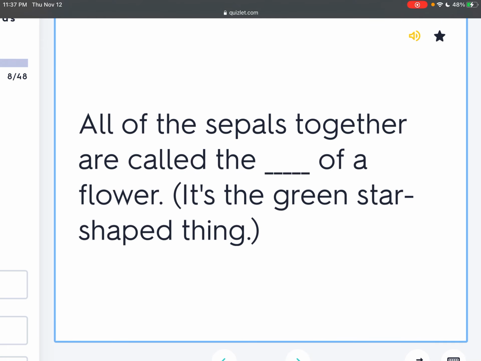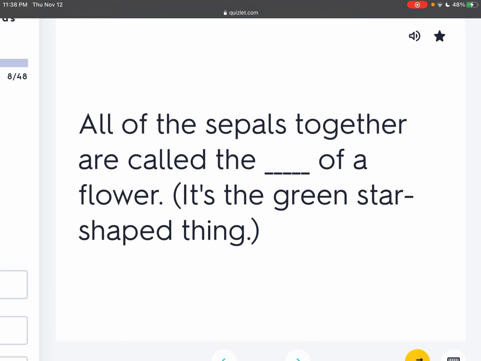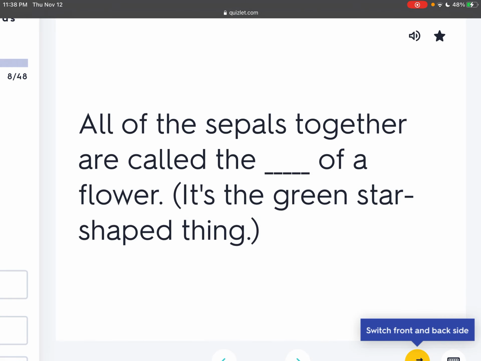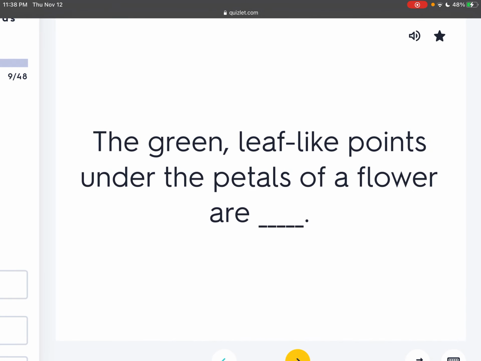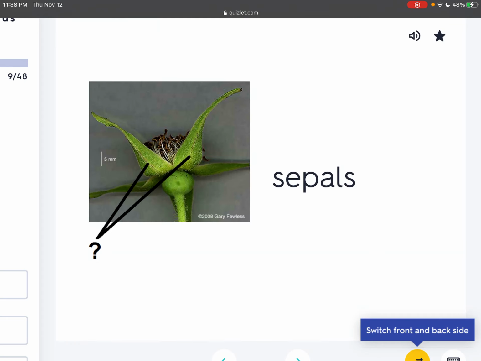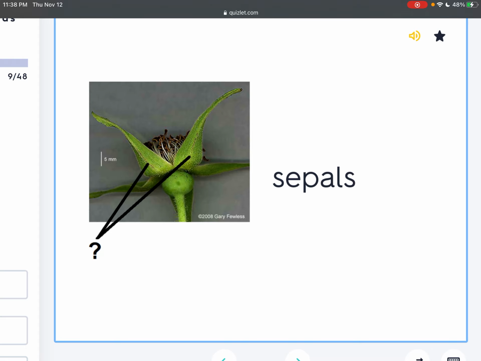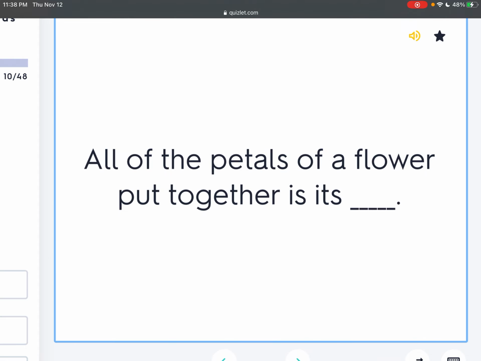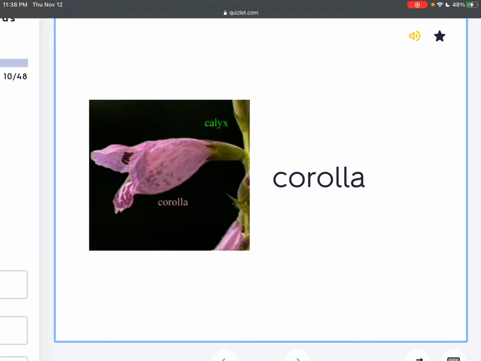All of the sepals together are called the blank of a flower. Calyx. The green, leaf-like points under the petals of a flower are blank. Sepals. All of the petals of a flower put together is its blank. Corolla.